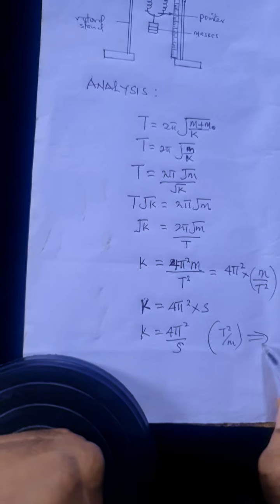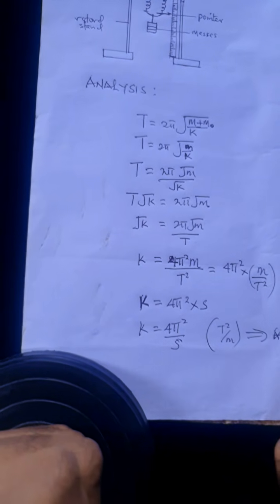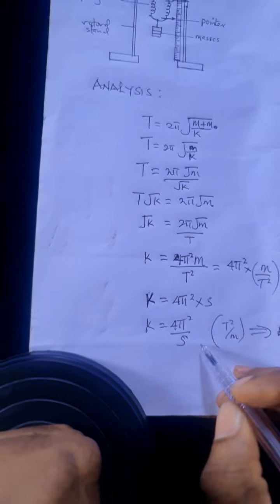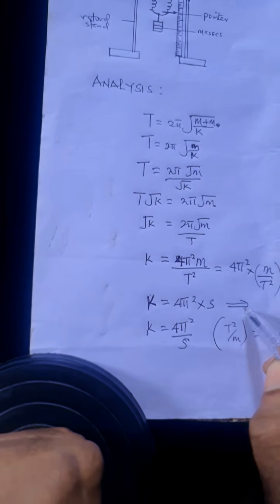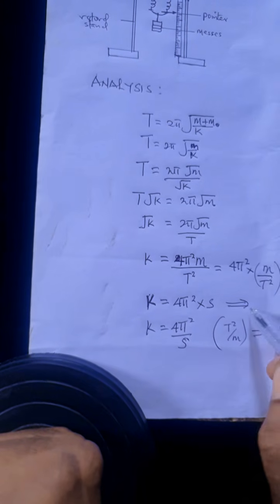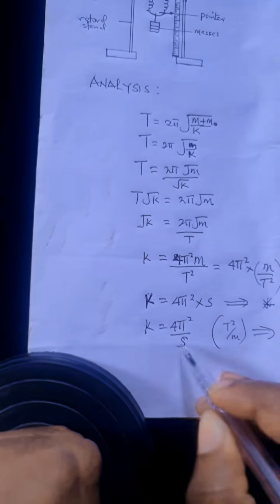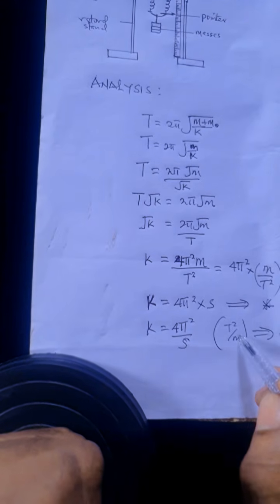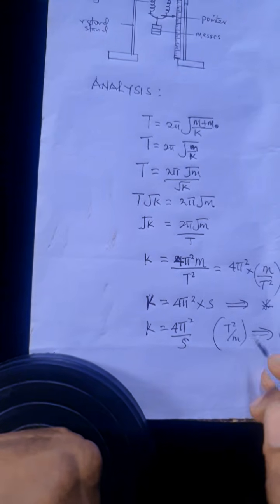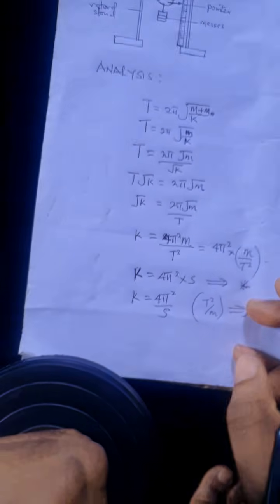So this is most likely what we are going to be seeing in this experiment. Either we plot this where we are plotting m against T square, or this where we are plotting T square against m, on the vertical axis or on the horizontal axis.